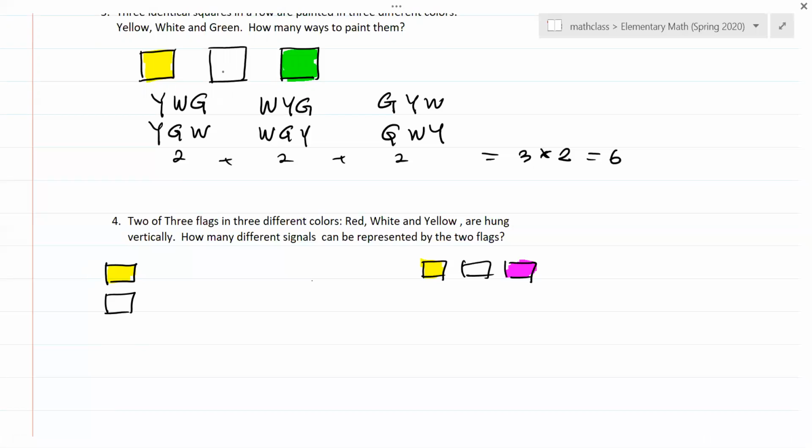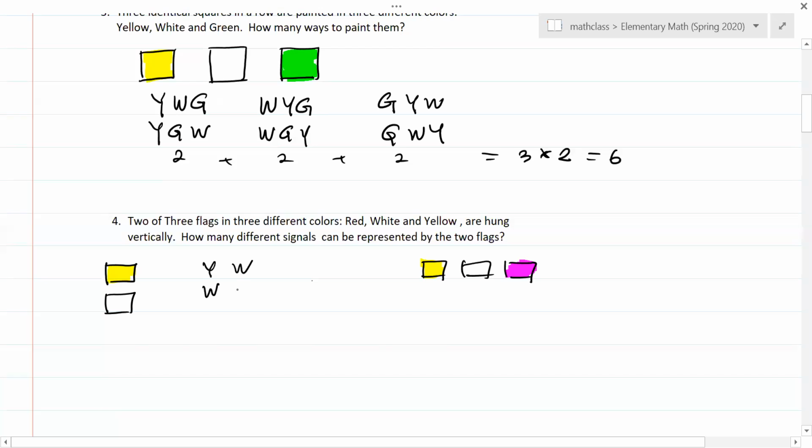Well, how many have we got? Okay, so you just take 2 out of 3. So in other words, you just decide which one you're going to delete, right? If you delete the red one, then you have a yellow, white, right?